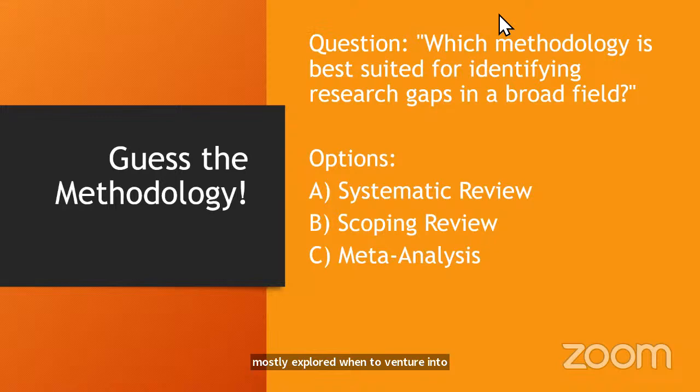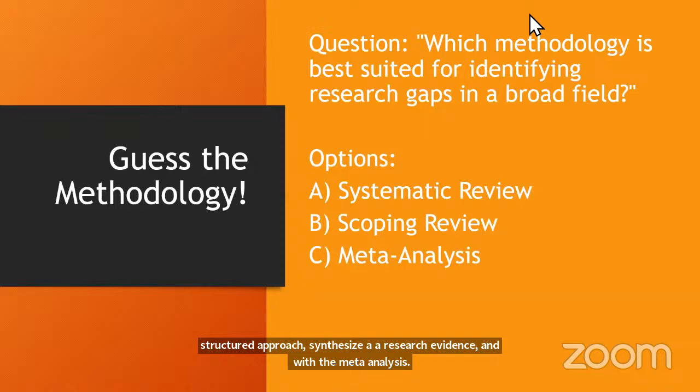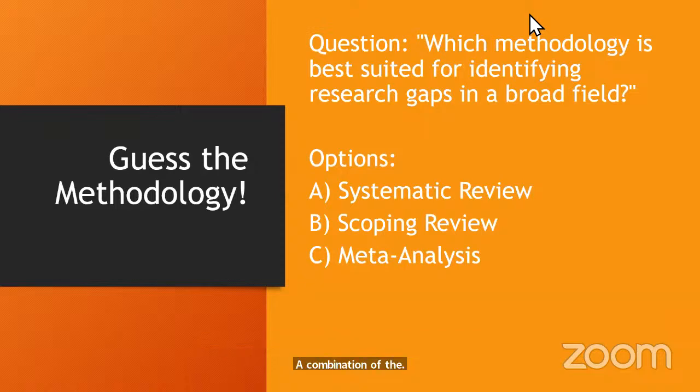It's not for systematic review because that involves a rigorous and structured approach to synthesize research evidence, and meta-analysis is a combination with the systematic review. So there's no way we'll be able to use the systematic review and the meta-analysis for this question. That's why I root for scoping review.